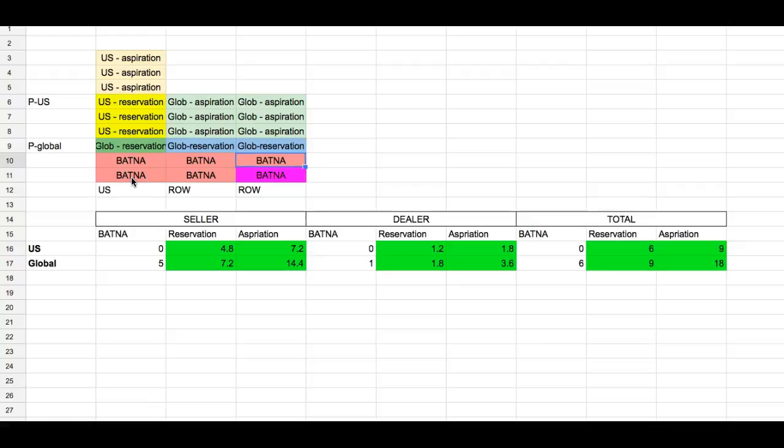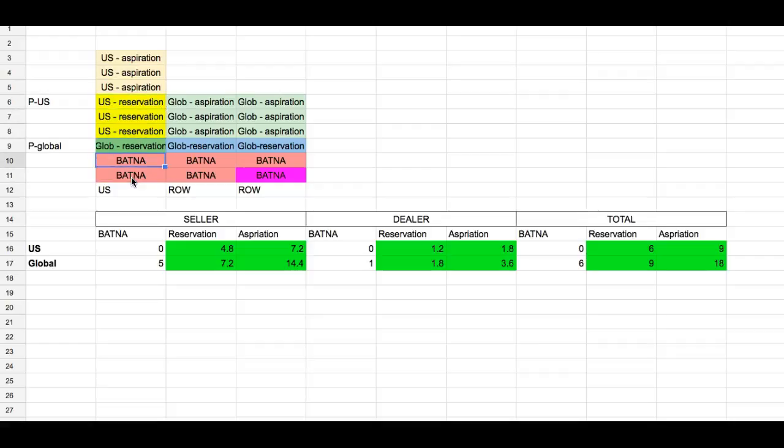That's the BATNA that he has. On top of his BATNA, his reservation price for US is 1, 2, 3, 4, 5, 6. That's the reservation price. Ah, that's how you read it. Yes. So that's 6 million is the reservation price, and 9 million is the aspiration price.